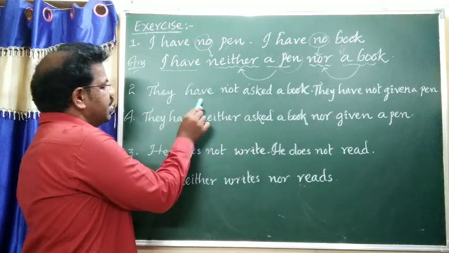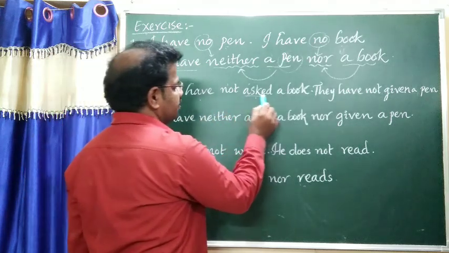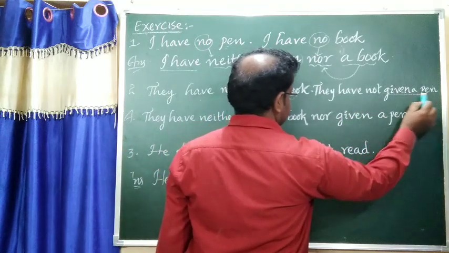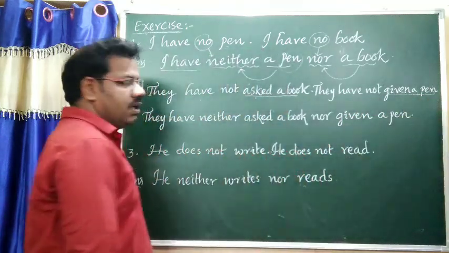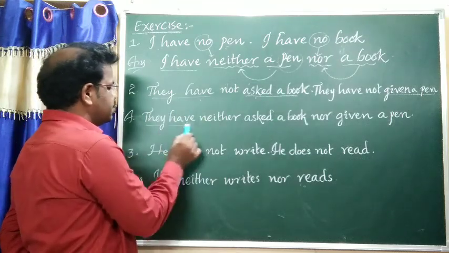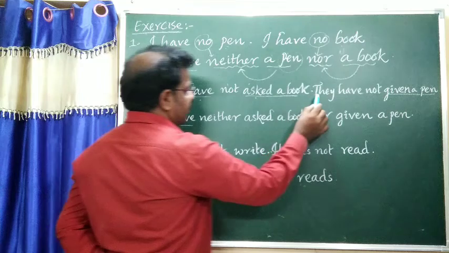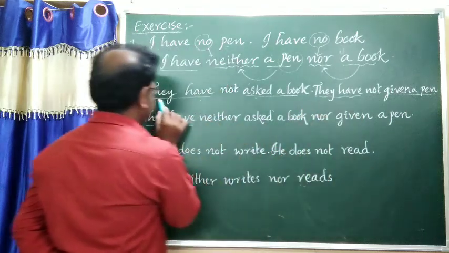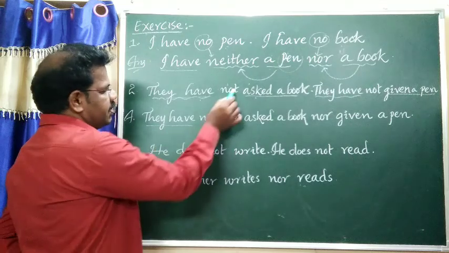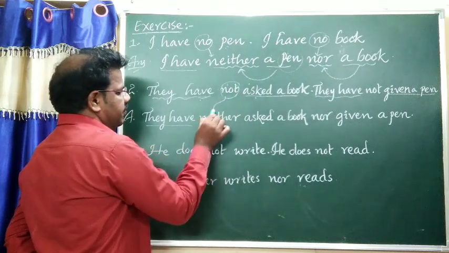Second one, they have not asked a book, they have not given a pen. In these sentences, they have are common words, and we have written them one time. In the place of not, we have written neither.